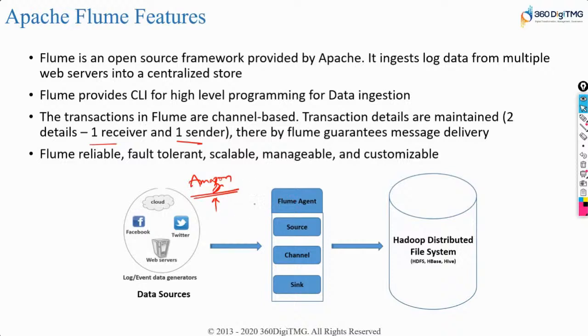Now Flume will basically be acting as an agent, a soothing agent, which helps to streamline the flow of this data into HDFS, because HDFS is a batch mode system.